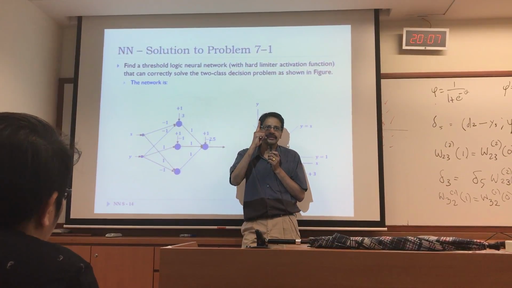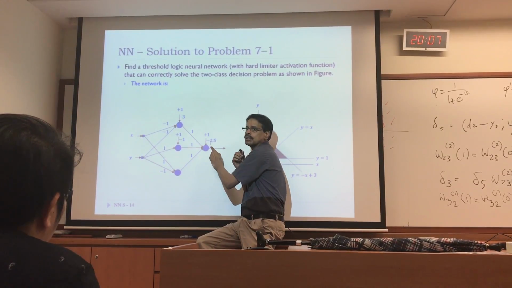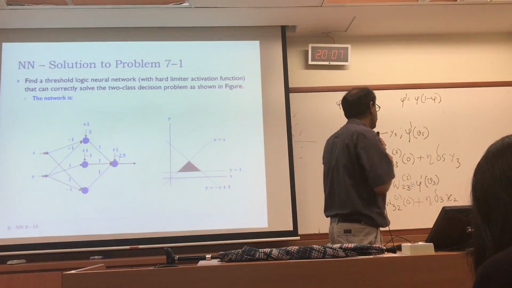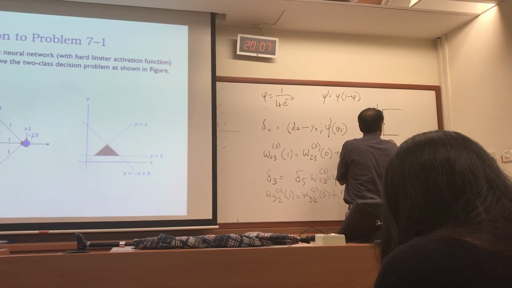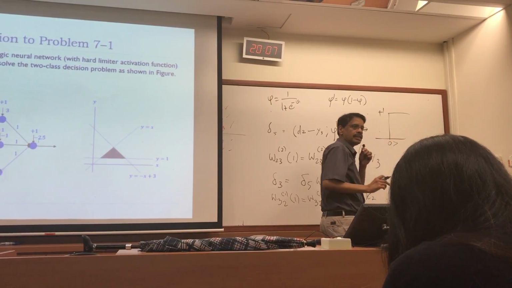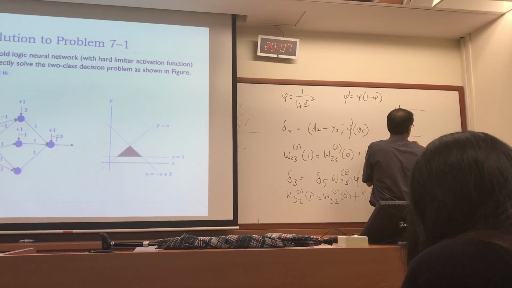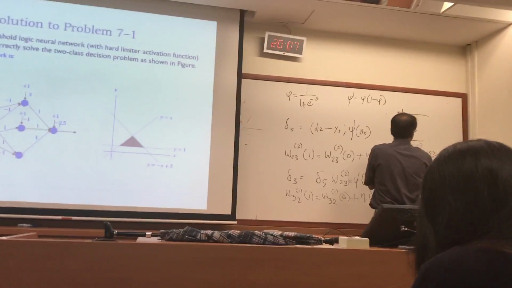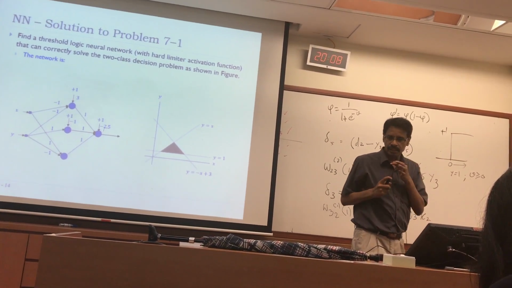It will be 1. Because 0, 0, 0, 0 gives you an output of 1 because that is a hard limiter function. Hard limiter function goes to +1 when it is 0 or greater than 0. For any value of the local field 0 and above, the output will be 1. That you have to keep in mind.